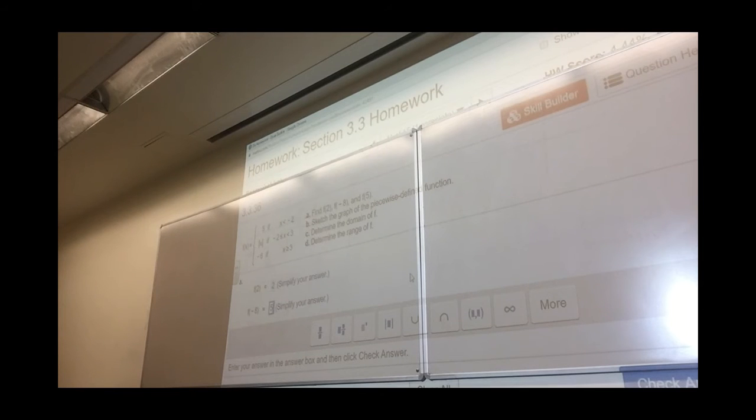As long as it fits into x is less than -2. Okay. What about the bottom, f of 5? Where do we plug it in? The bottom, because x is greater than or equal to 3. So what do we get? -6.